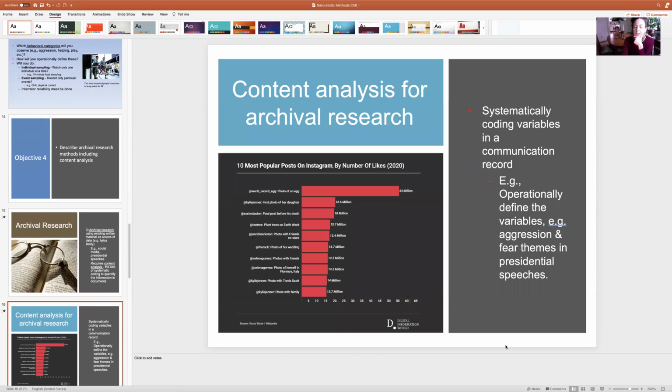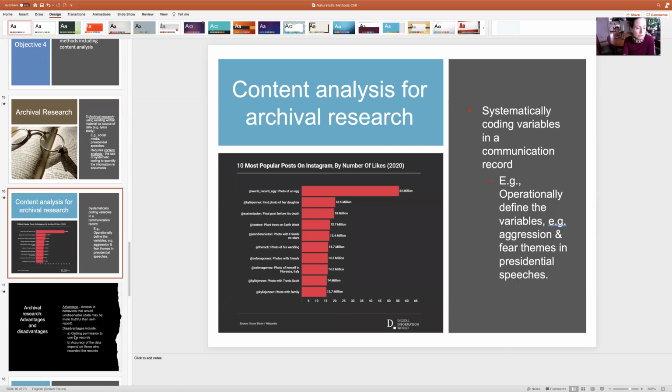In a content analysis for archival research, you again operationally define those variables. And in class, we'll talk about some operational definitions of aggression and fear in presidential speeches, and we'll look at some speeches of Presidents Obama and Trump.